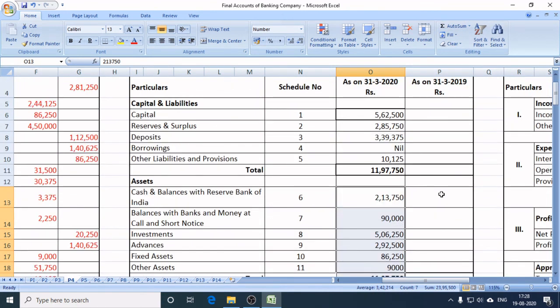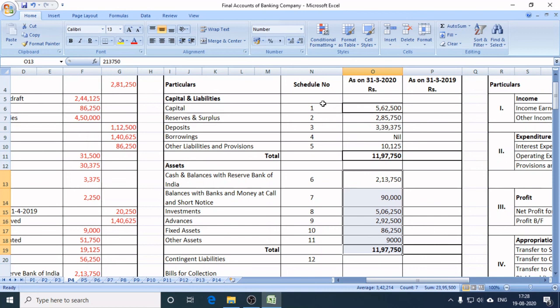Now you can see here the total of all the schedules of liabilities is 11,97,750, and the total of all the schedules of assets is 11,97,750. So there is a perfect match between the total of liabilities and total of assets. So balance sheet is tallied.